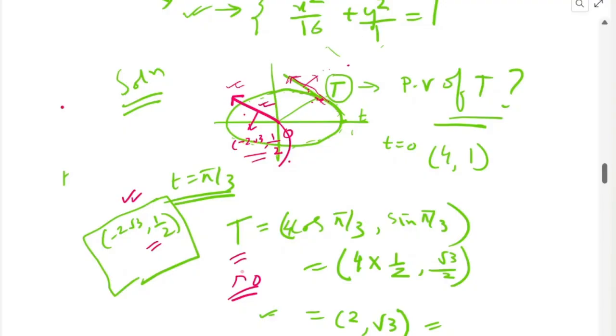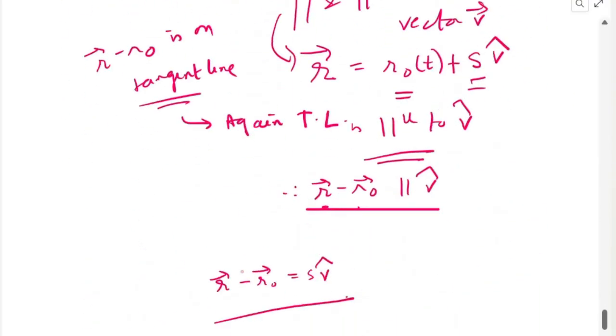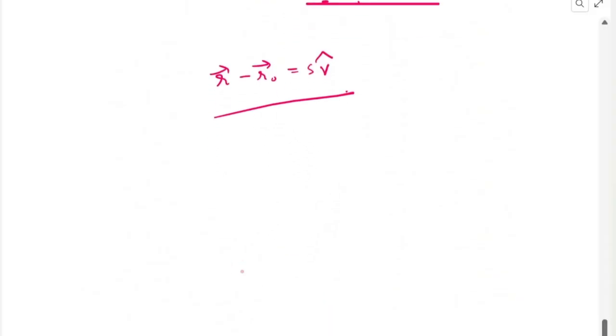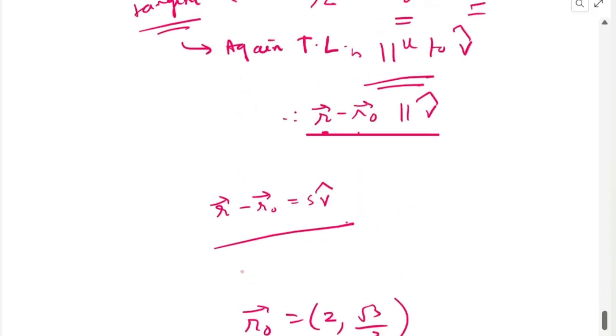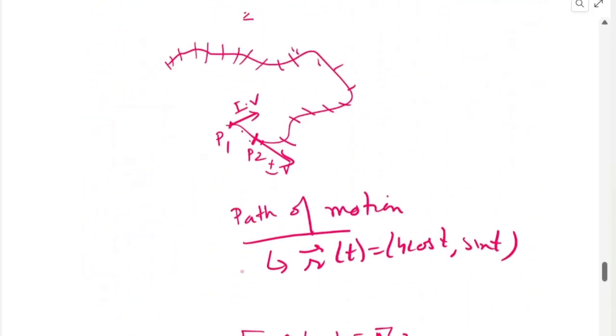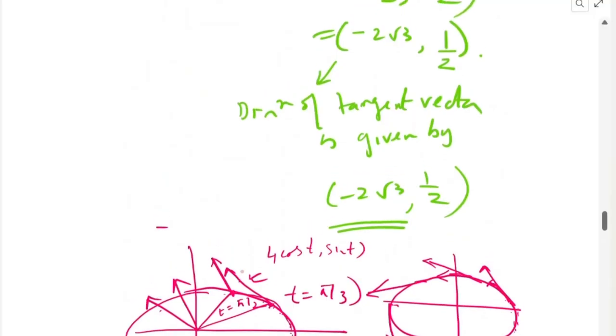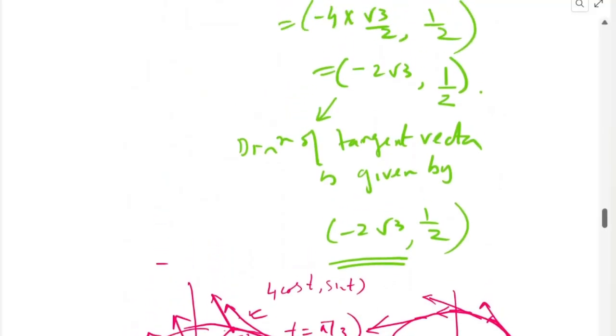So let me carry it forward. For our question, R0 is 2 comma root 3 by 2, and V also. First of all, V, not the unit vector, but the direction corresponding to the tangent line. What did I find out? Minus 2 root 3 comma half.